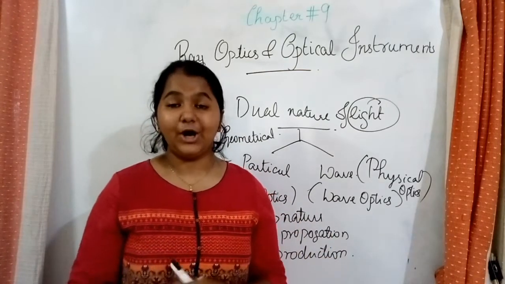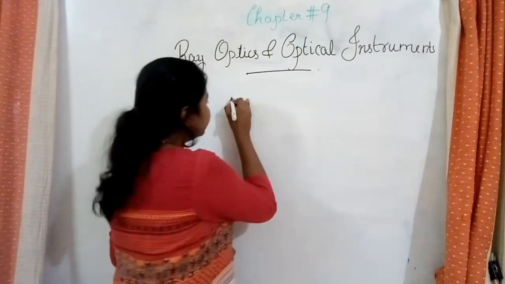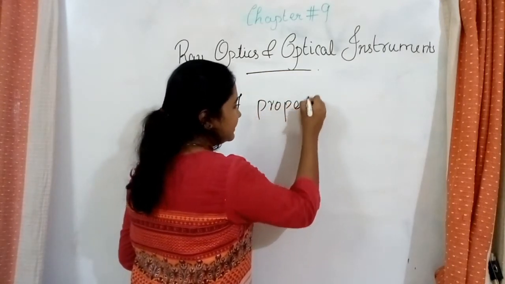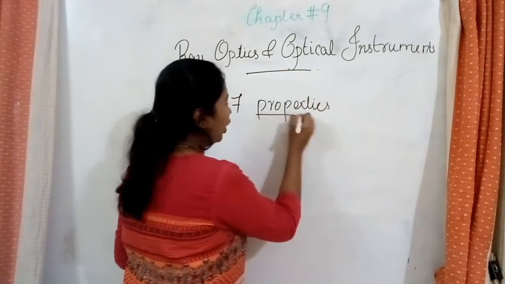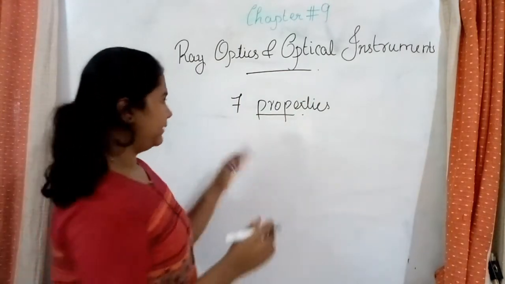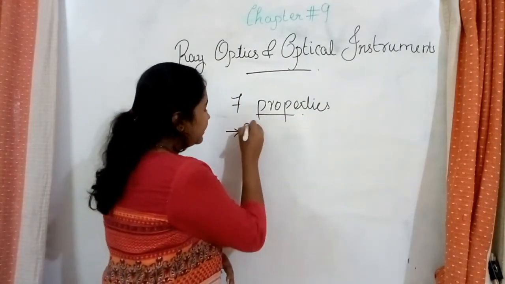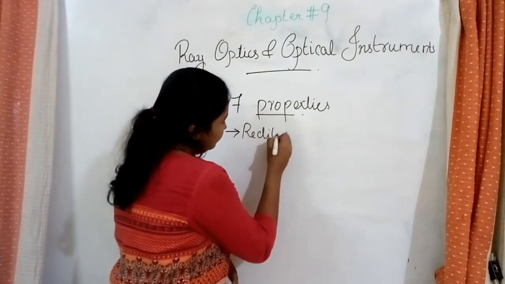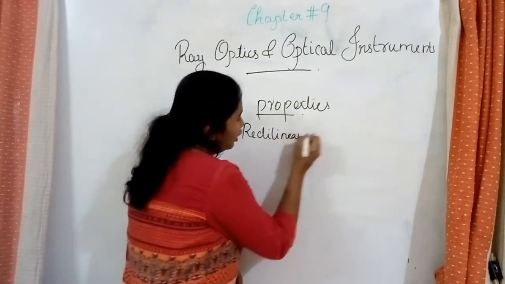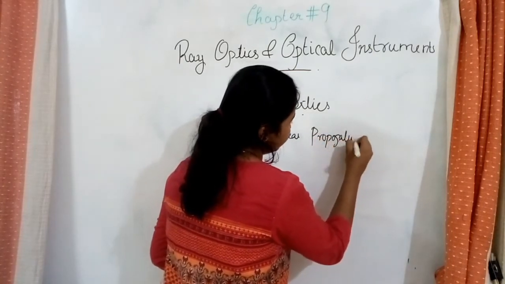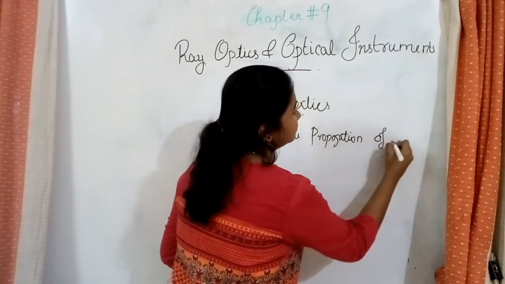So let's see what all are the 7 properties of light. We will just be listing down the properties. We will be dealing with all of them in detail later. The first one is rectilinear propagation of light.